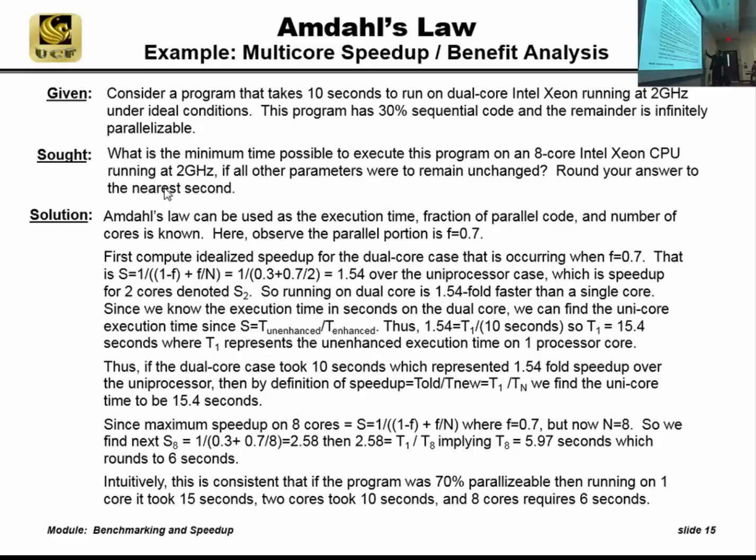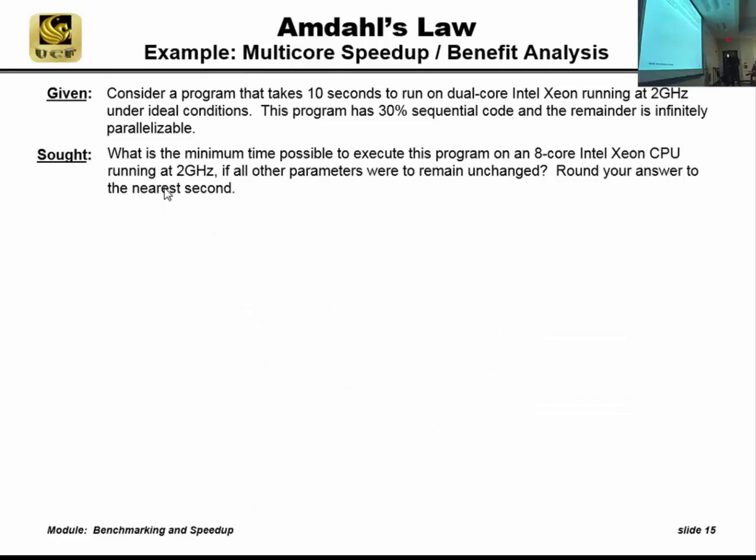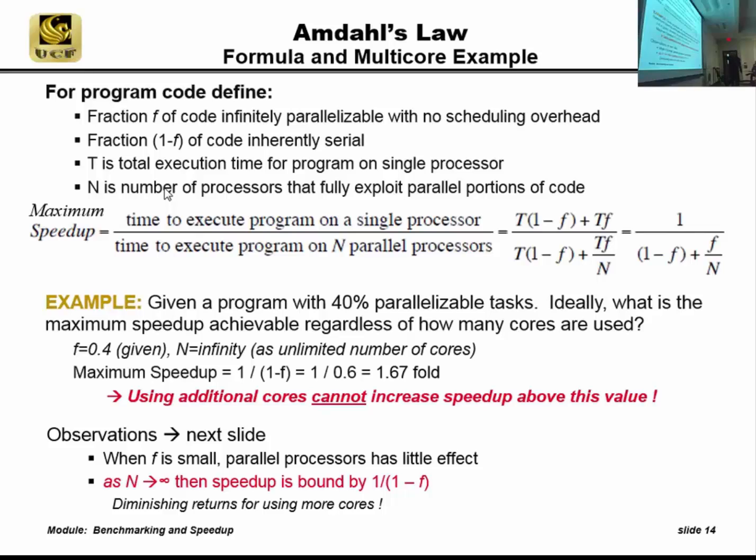A way to think about this: if you make this term diminishingly small, what are you left with? You're left with the part you didn't change. Maybe we look at it in terms of time, maybe easier to see. Let's just look at the denominator of this equation.